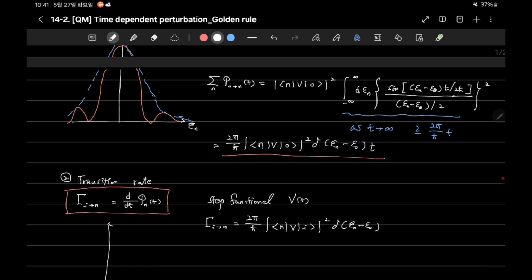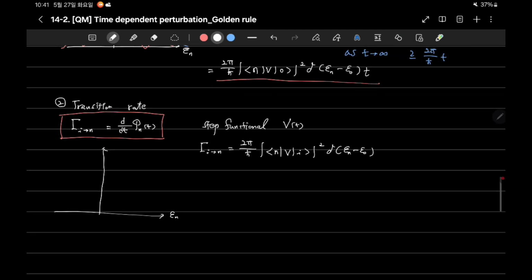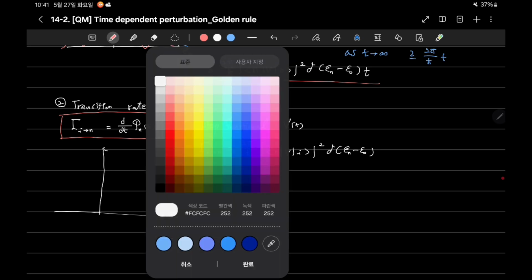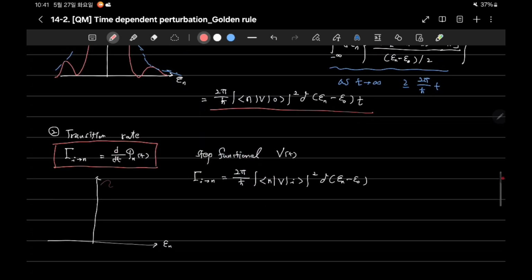The most probable probability occurs at epsilon 0, and the rest is very tiny, like this. So for 0 to n, the probability focuses only on epsilon 0.